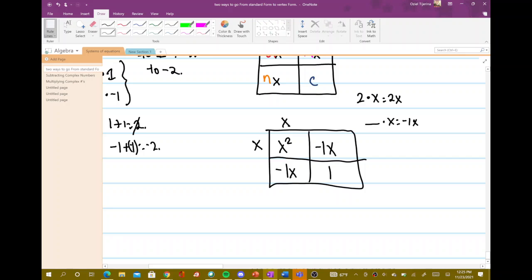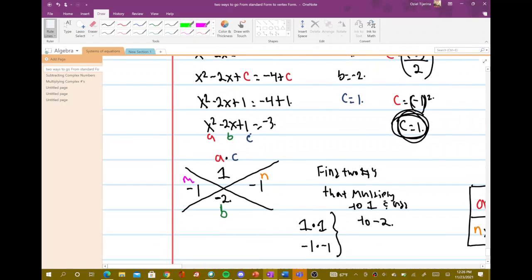If I divide both sides by x, this little part will be equal to -1. So it's going to be -1 times x, right? This one is x times what gives me -1x, so this is going to be times -1. And then we just have -1 times -1 equals 1, right?